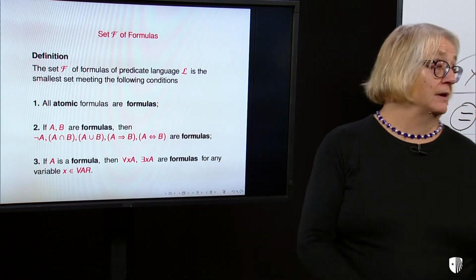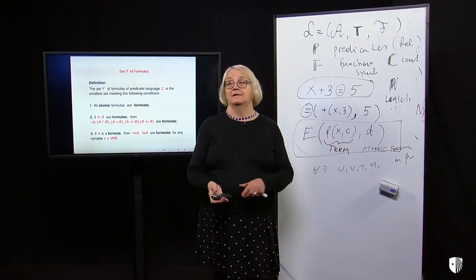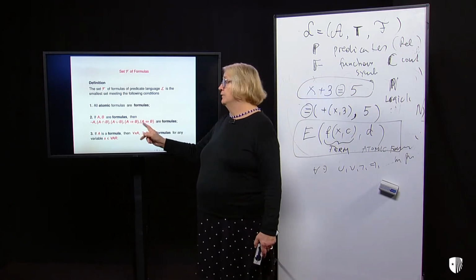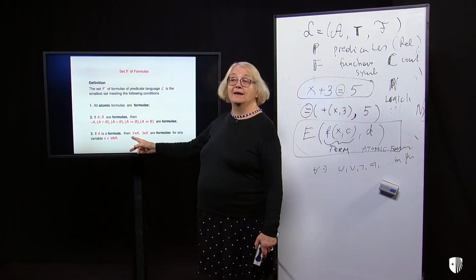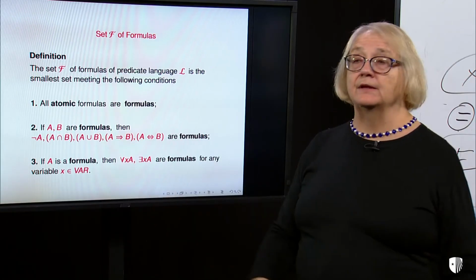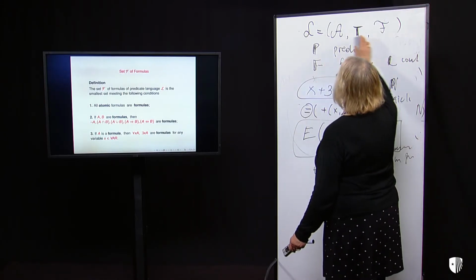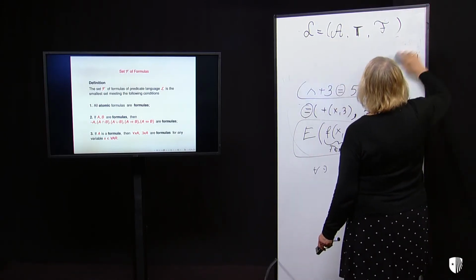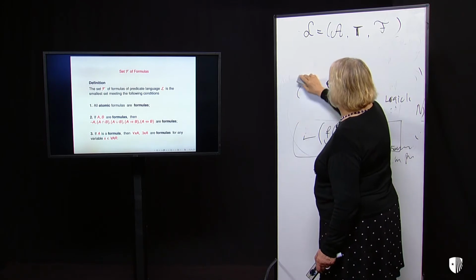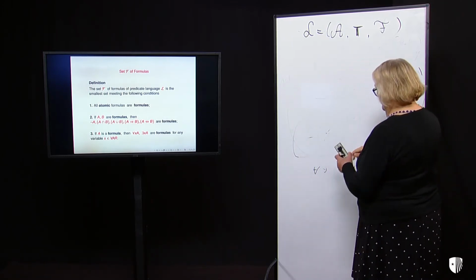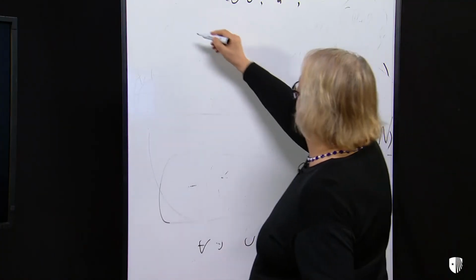All atomic formulas are formulas, and then you form formulas with propositional connectives and with quantifiers. Look, you can put the quantifier in front. Now, the other thing to remember is that a quantifier is like a connective, right?